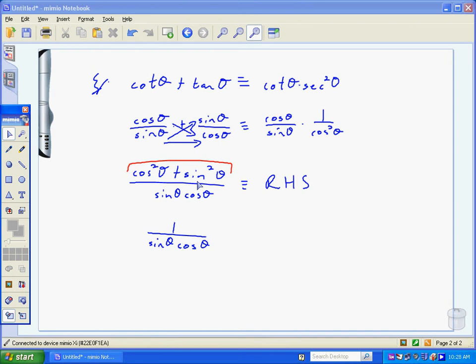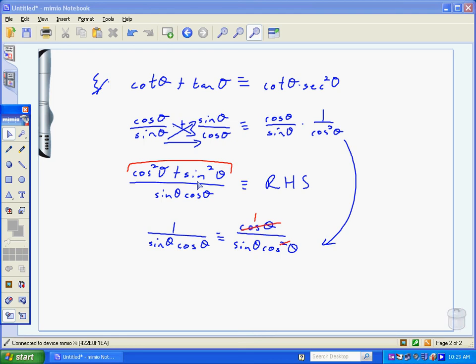So now, I'm going to switch back over. And if I bring this down, really, the cos theta over sine theta cos squared theta. This cos theta up top, and one of these cos squareds breaks down to be a 1 there.